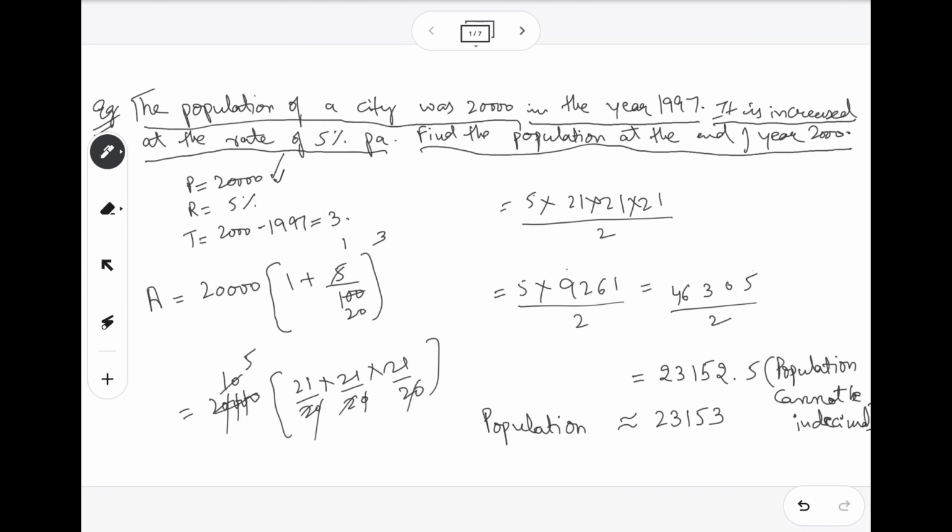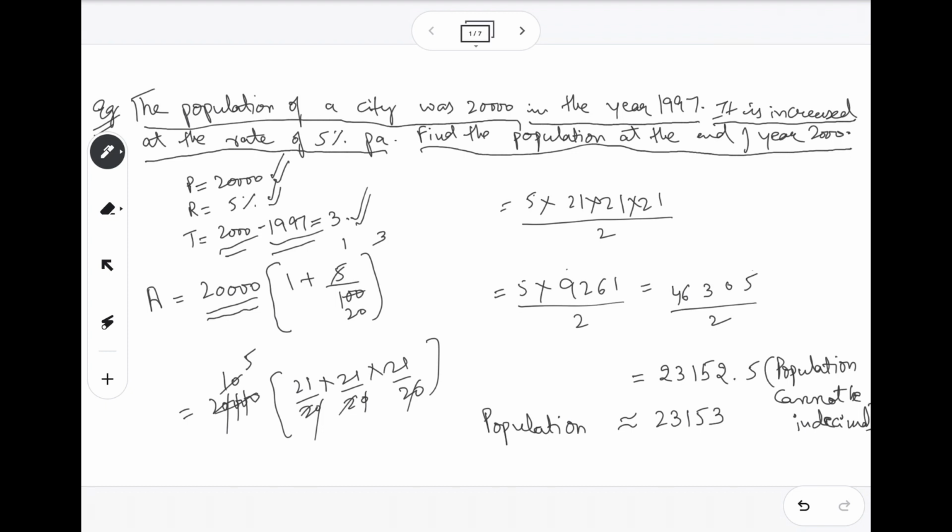So here principal or population is equal to 20,000. Rate of increase of population is 5%. And time period is 2000 minus 1997, that is 3 years. Now putting the value in the amount formula, we get 20,000 into 1 plus 5 upon 100 raised to power 3.